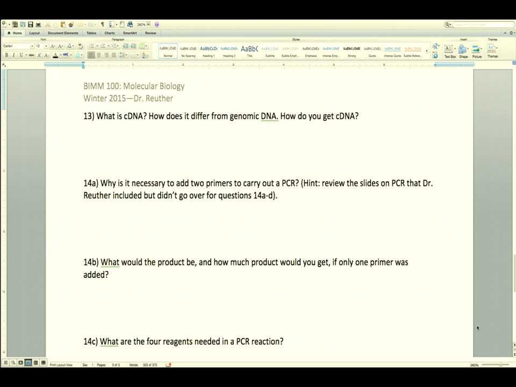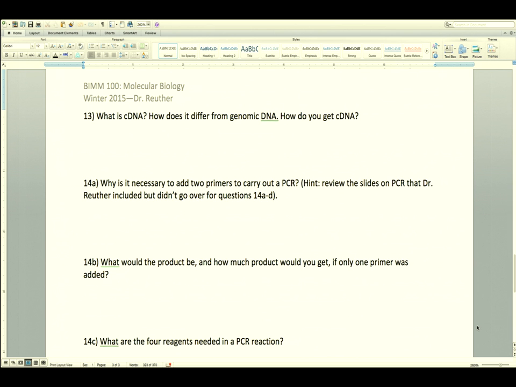So how does it differ from genomic DNA? Can anyone tell me that? All right, in the genomic DNA, you can also have spacer DNA or non-coding DNA, DNA that doesn't code for any gene products. So that's how cDNA is different from the normal genomic DNA.